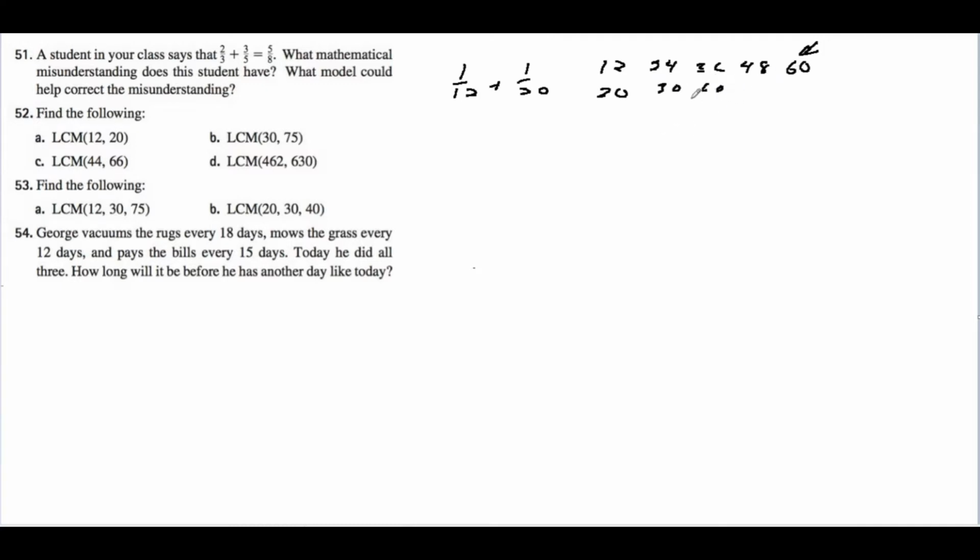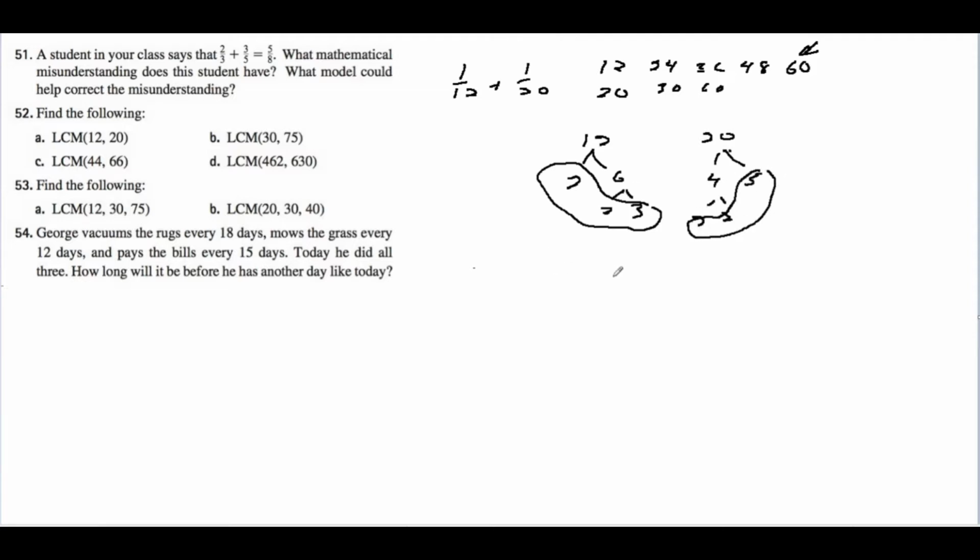The other method is kind of like we were doing the other night with the greatest common factor, and that is taking the 12 and the 20 and getting that into 2 times 6, so 6 is 2 times 3, so there are our prime factors right there. The 20 is 4 times 5, or 2 times 2 times 5, and then do the Venn diagram.